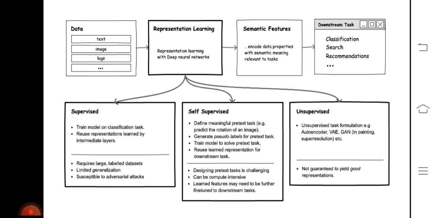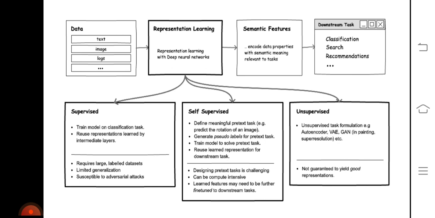Representation learning is classified into supervised, self-supervised, and unsupervised. Unsupervised covers formulations like VAE, GAN, inpainting, and super resolution as examples. Self-supervised defines a meaningful pretext task, like predicting the rotation of an image, generating pseudo labels for the pretext task, and training the model to solve the pretext task.